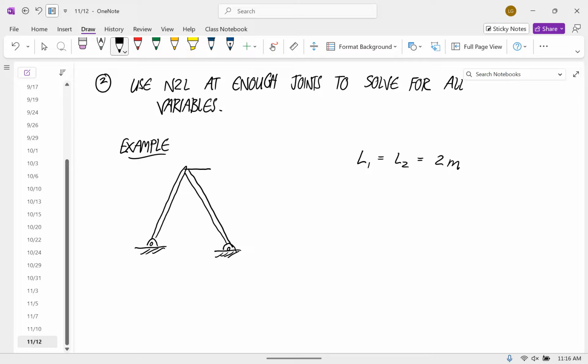Let's say we have a 1500 Newton force acting at the pin at the top. Let's call this angle 70 degrees and 70 degrees.